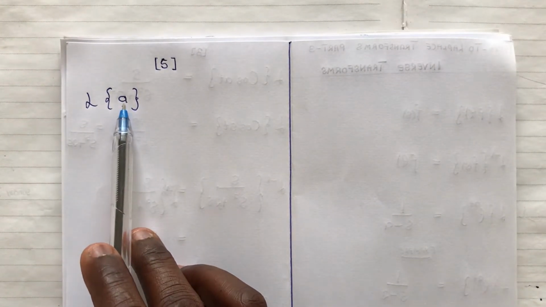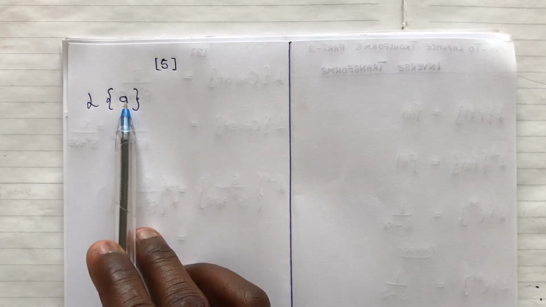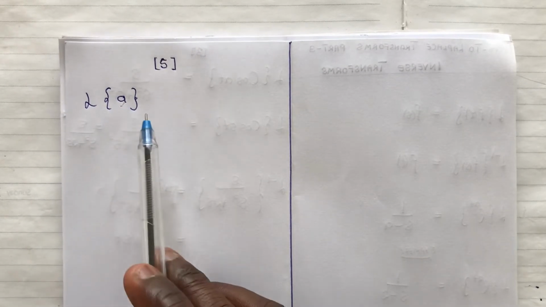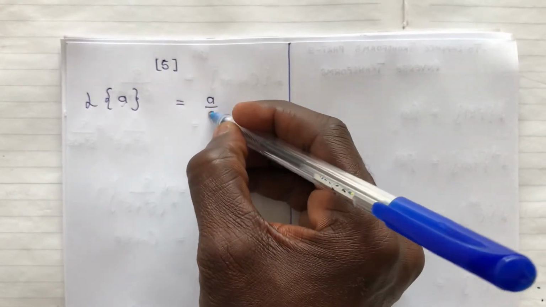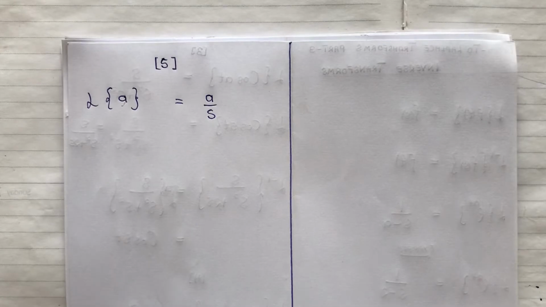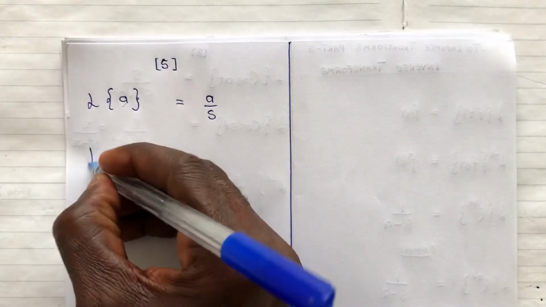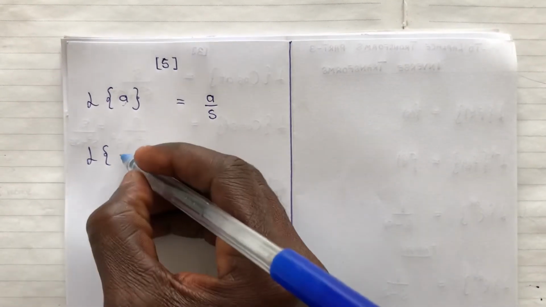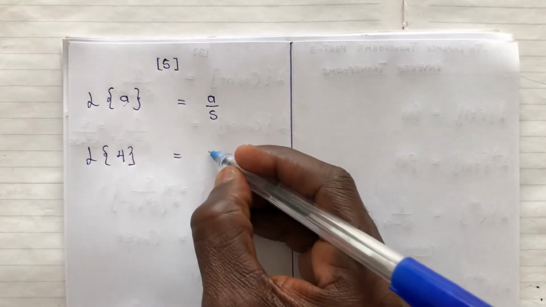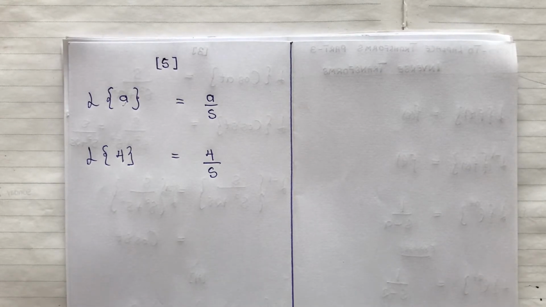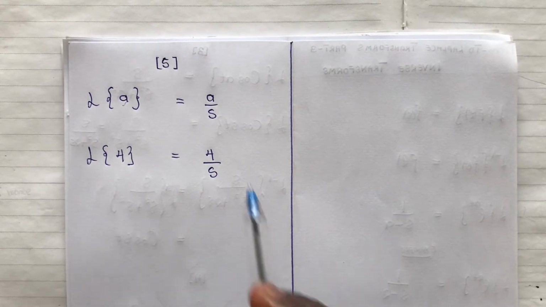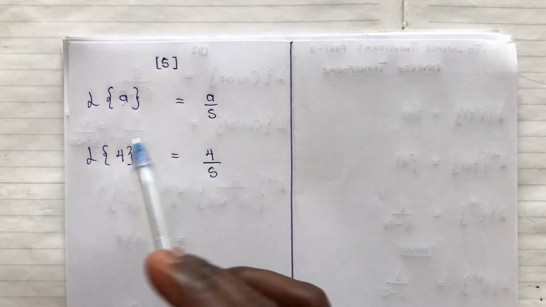Now, if you have watched my introduction for Laplace transform part 1, I discussed this one there. Finding the Laplace transform of a scalar, let's say the variable a. The result will give you a over s. So assuming a is any random number, the Laplace transform of the function, let's say 4, 3 or 2, will give you, for example, 4 over s. Do we understand? So from here, what if I now have 4 over s and I want to get back to this one?